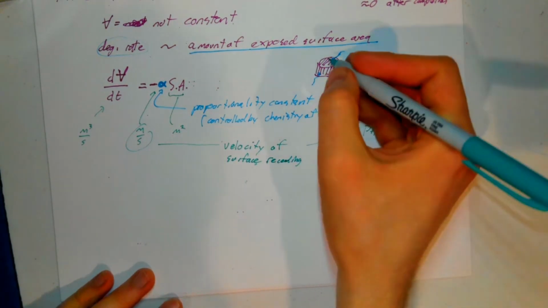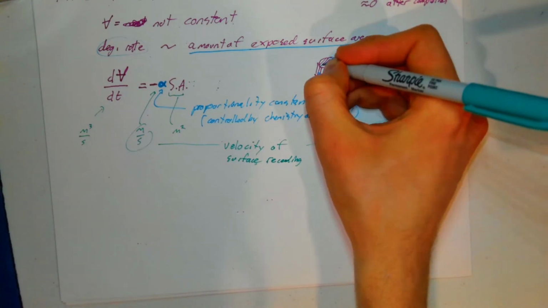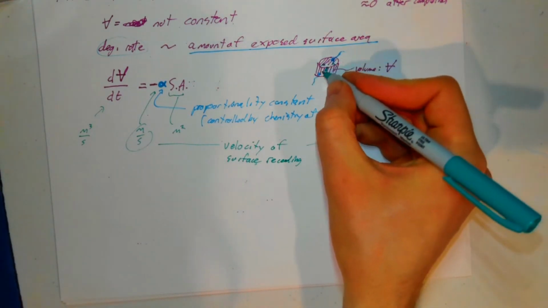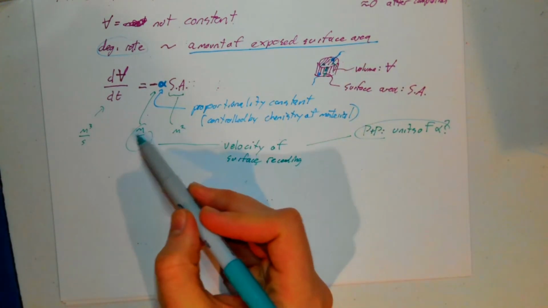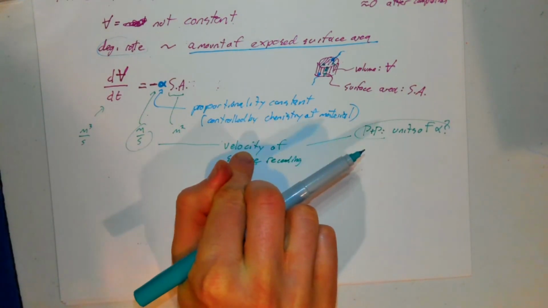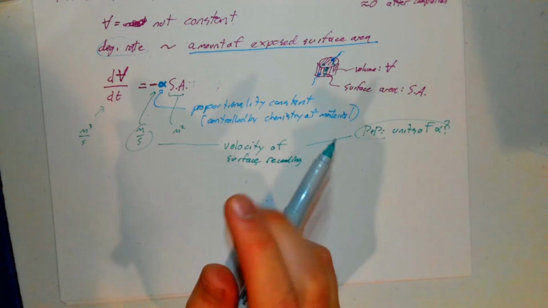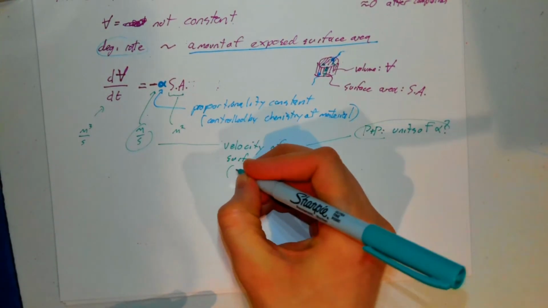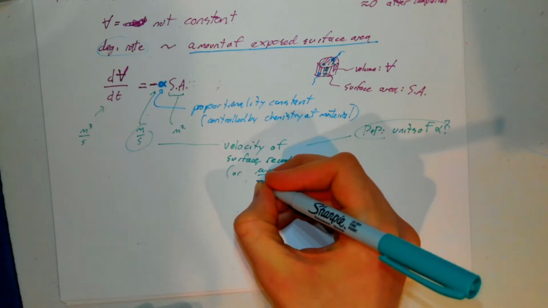You can almost imagine all of the sides of the surface rushing in towards the center with some speed. Now, of course, when you're doing dynamics or something like that, a lot of times you would measure velocities in meters per second. You might actually think of these as something like microns per month.